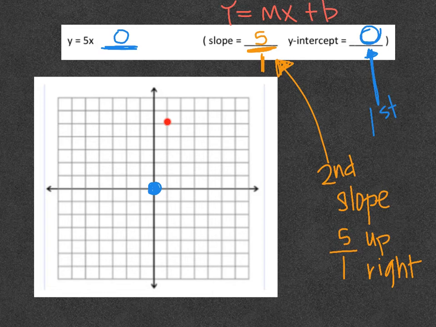There will be my second dot that I need to place on my graph. And then again, connect those to the best you can. If you have some type of straight edge or ruler, that would be way better than just freehand drawing it. Okay, awesome.